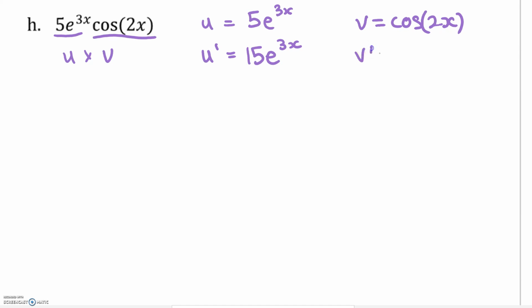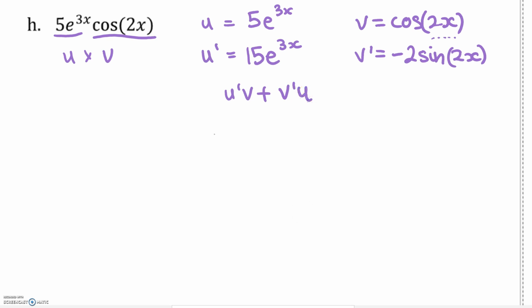And then we're going to get v dash is equal to differentiate what's inside the bracket, which makes 2, times by cos 2x differentiated, which is just negative sine 2x. So we'll get negative 2 sine 2x. Then we just got u dash v plus v dash u to find out our differential of this.